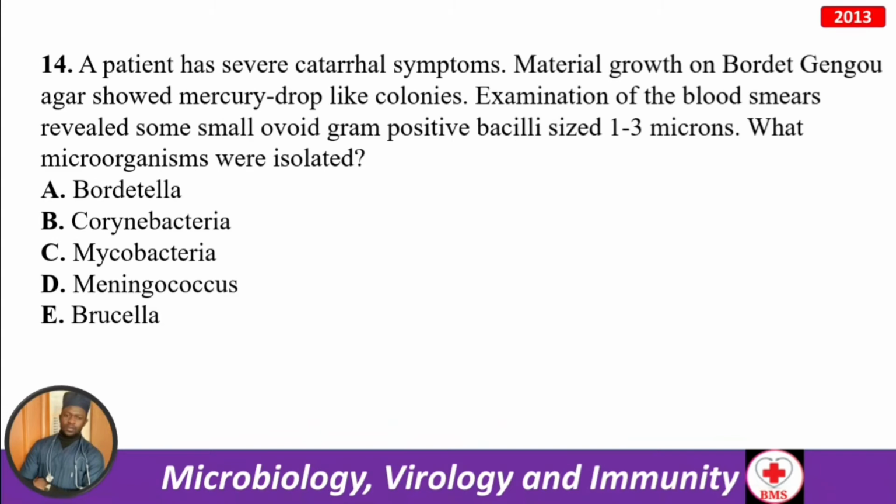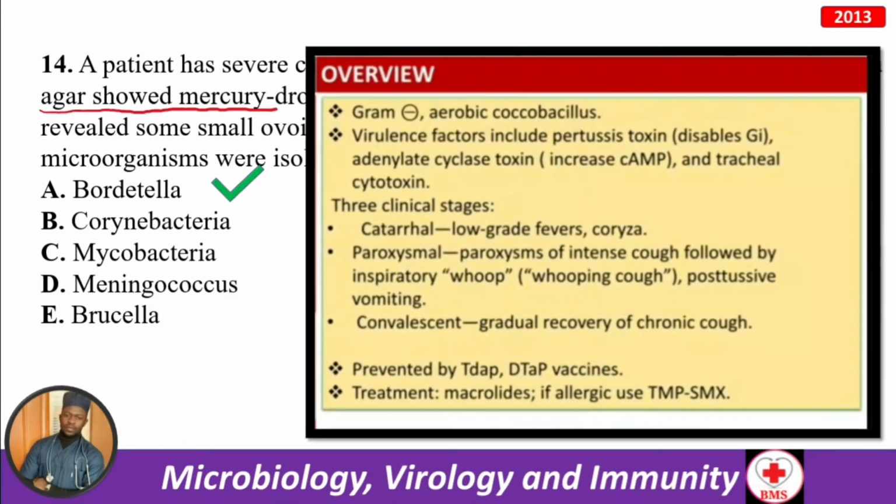Bordet-Gengou is very easy. So I said these two guys, Bordet and Gengou, they were together, right, when they discovered this bug. But you can see the name of the bacteria is called Bordetella pertussis. Only Bordet got the better part, right? So it's Bordetella pertussis. Okay, so this is just an overview from that video, right?